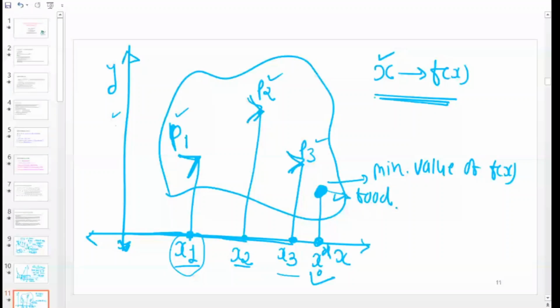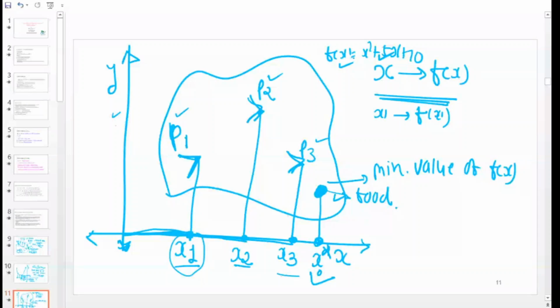So corresponding to the x values, find out f of x values. Corresponding to x1, find out f of x1. There is an equation: f of x is equal to x square plus 5x plus 10. You can obtain the x value from here, replace the x value in this equation, x square plus 5x plus 10, and you can obtain f of x.